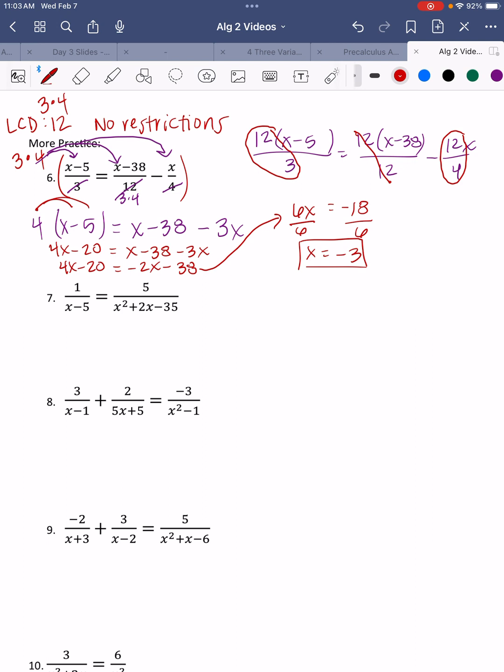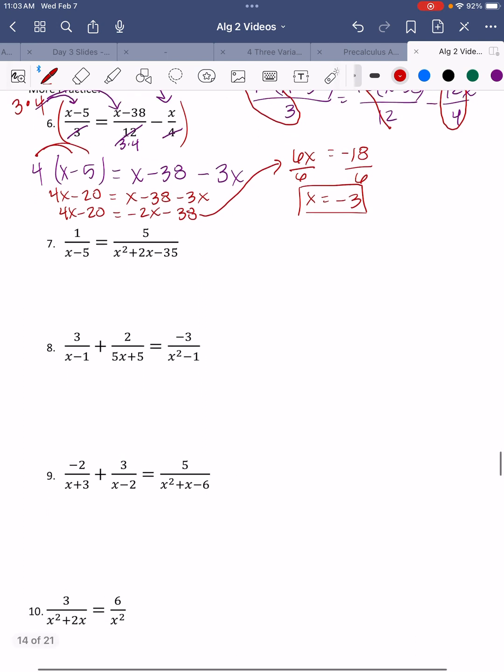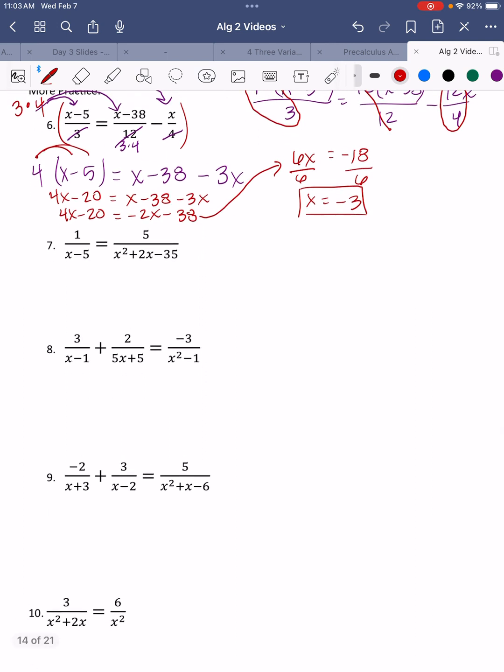Okay, let's try number 7. So same idea, but this time I have variables in my denominator. Let's factor first to see what they have in common. So on the right, I have x plus 7 and x minus 5.